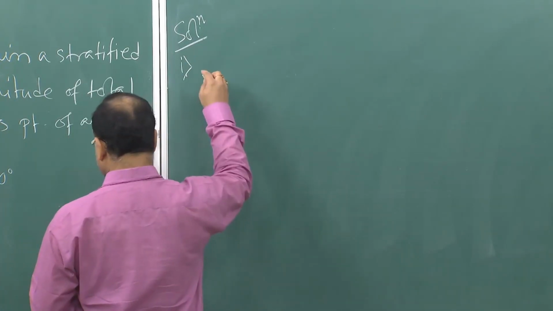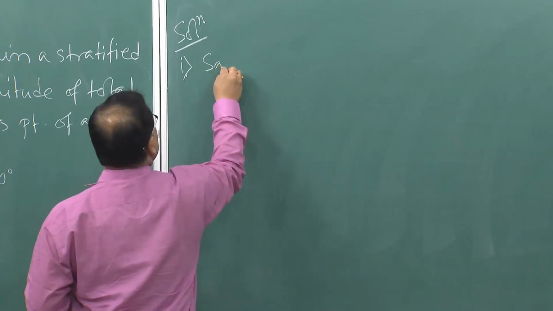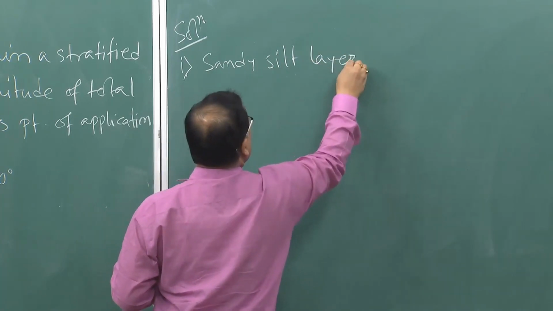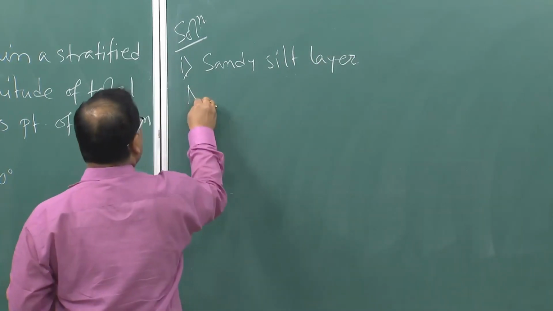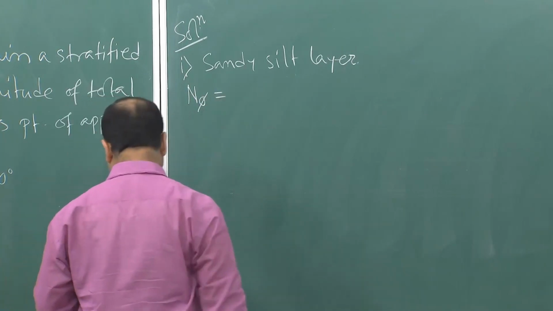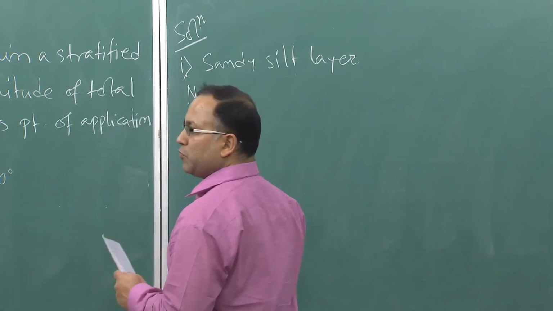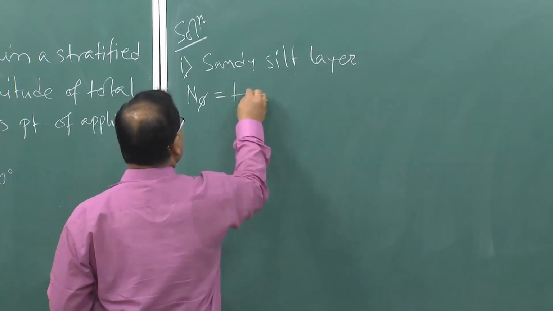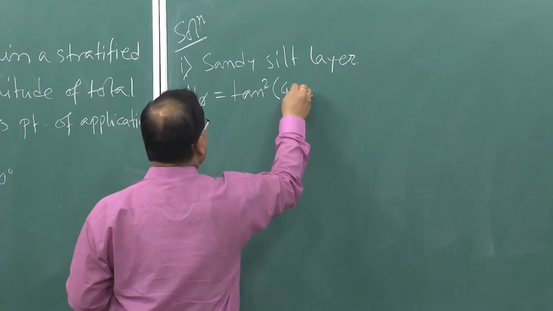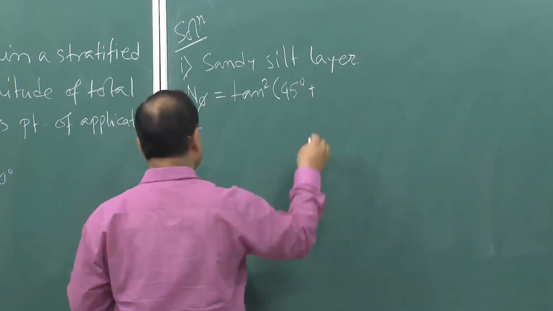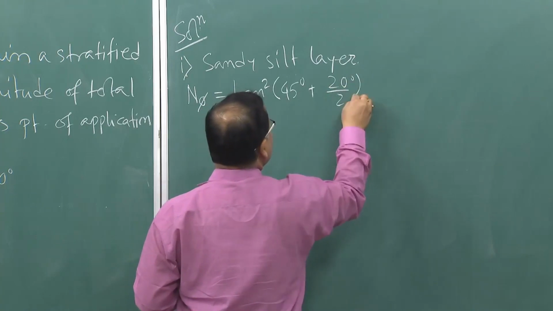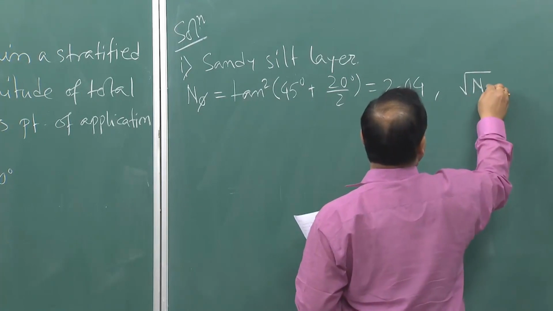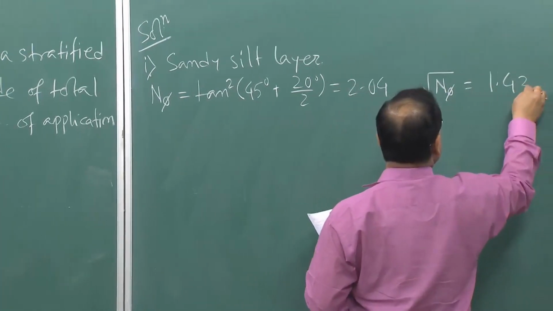First one is the sandy silt layer. Okay. So, we calculate N phi, because we need to know N phi and root over N phi, which are there in the equation. So, N phi is tan square of 45 degree plus 20 by 2 degree, which gives me 2.04, and subsequently root over N phi is 1.438.